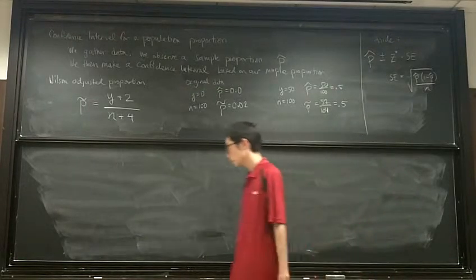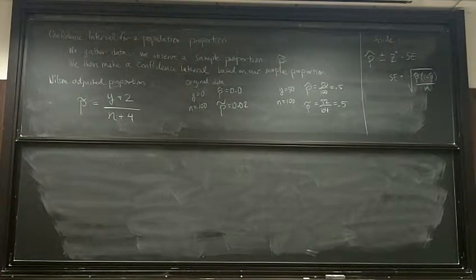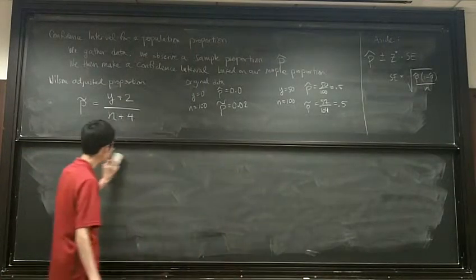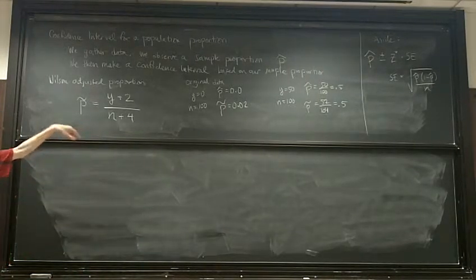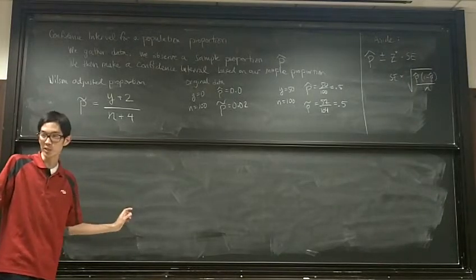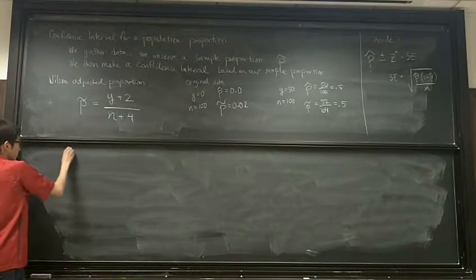So using the Wilson adjusted sample proportion, it messes things up on the theoretical side a little bit to do something like this. So we're just going to stick with a 95% confidence interval. We lose a little bit of the flexibility here.